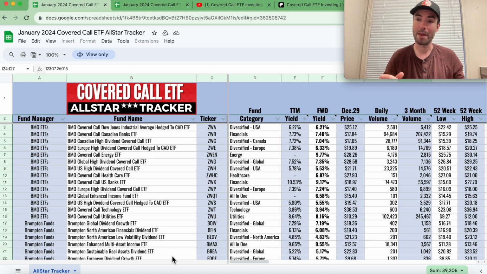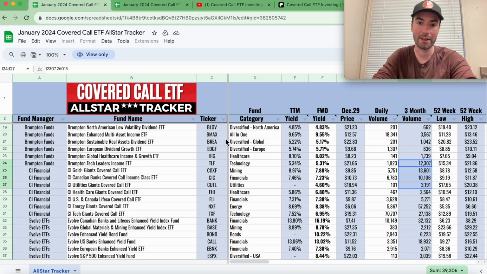If you're someone who has questions about building out a portfolio around all-in-one funds, so these are CoveredCalls that invest in other CoveredCall ETFs, we'll focus on that. Or maybe you're in a different camp and you're thinking, maybe I actually want to build out a portfolio of sector-based funds that I can pick and choose. So we're going to go through those two scenarios and what that actually looks like using the CoveredCall ETF ALLSTAR tracker.